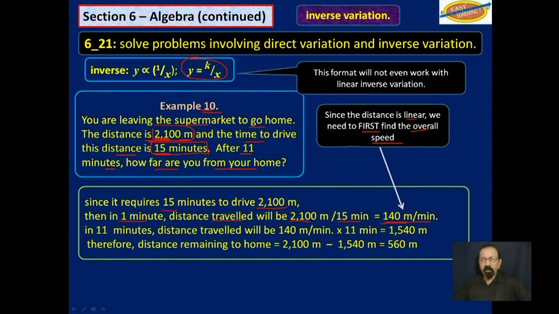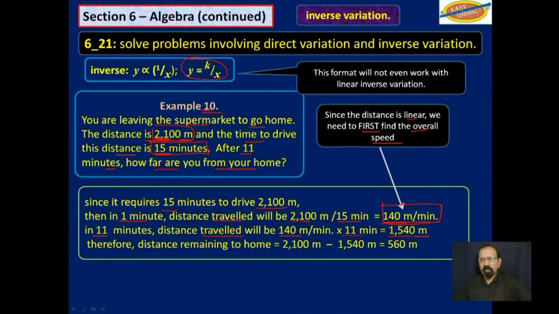That's not very fast, but that's what we have in this question. So we find the rate, which is like the gradient, except it's negative gradient. In 11 minutes, the distance traveled will be 140 meters per minute times 11 minutes, which would be 1,540 meters.